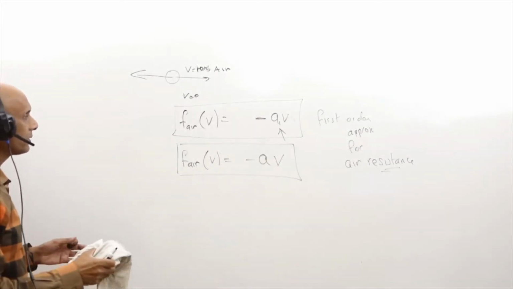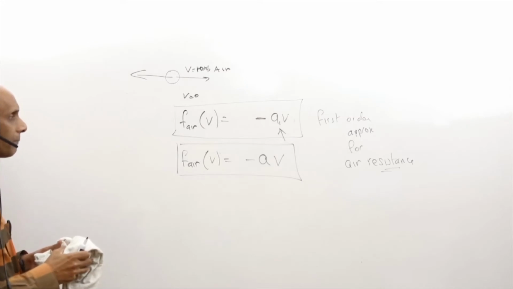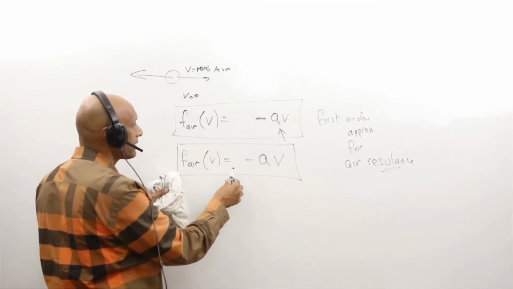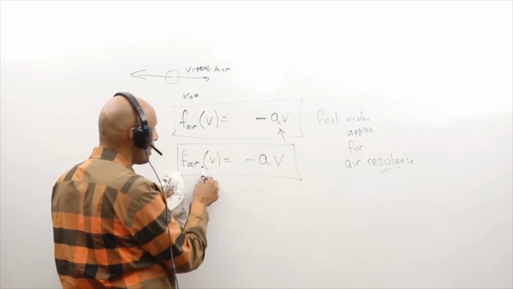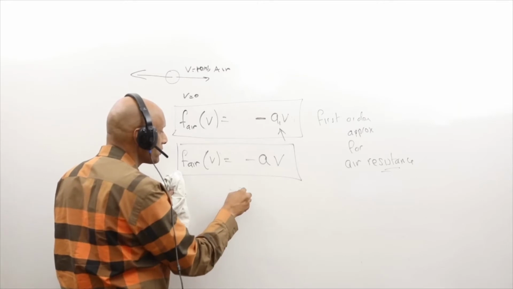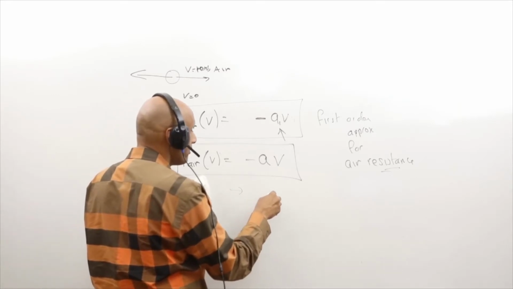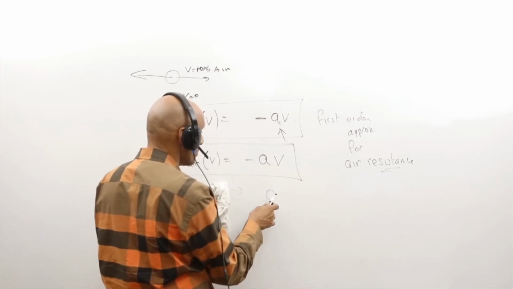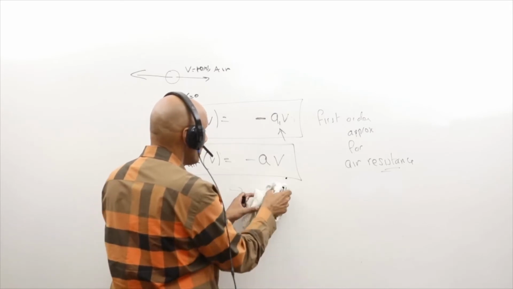So let's go to a model of an object being dropped. This model of first order velocity-dependent air resistance or liquid resistance, we can apply it also to the motion of a ball traveling in water, for example, or some kind of an object like a submarine traveling in water.